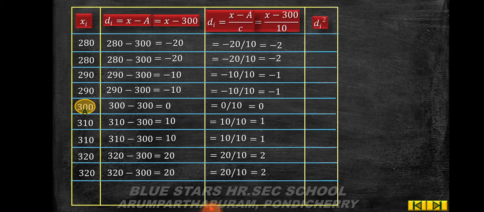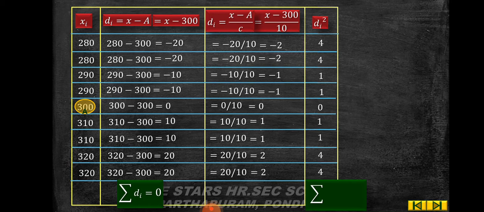Next you have to find di square. So 4, 4, 1, 1, 0, 1, 1. Again 2 square is 4, 2 square is 4. So summation di is equal to 0 and summation di square is equal to 20.